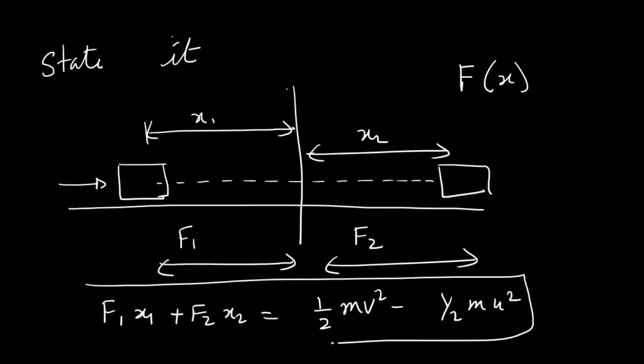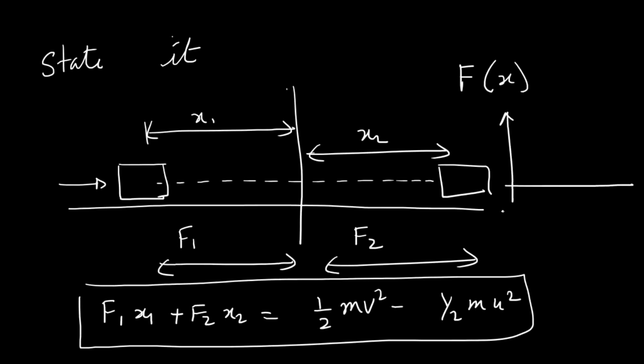Okay, now this can be proved very easily, and in fact let me see if I can plot this as a function of x, this particular example that I've given. So this is 0, this is x1, this is x2. The force was F1 from 0 to x1, and F2 from x1 to x2.